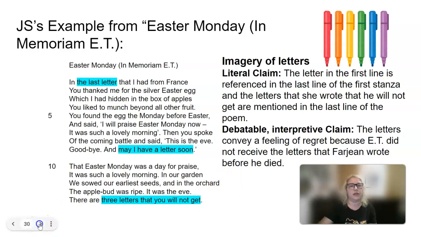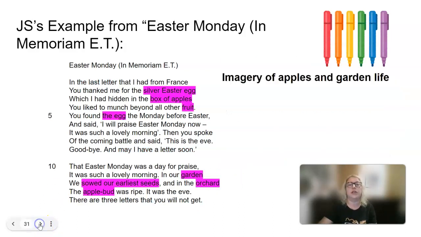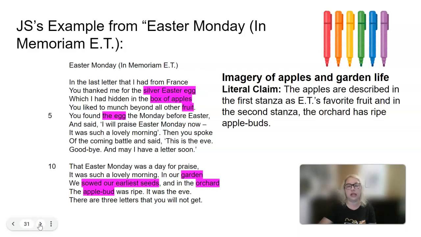Okay, let's take a look at another one. Here is the imagery of apples and garden life. So silver Easter egg, box of apples, fruit, the egg, garden, sowed our earliest seeds, orchard, apple bud. Here's the literal claim. So this is the one that can't be debated. It is true. The apples are described in the first stanza as E.T.'s favorite fruit, and in the second stanza, the orchard has ripe apple buds.